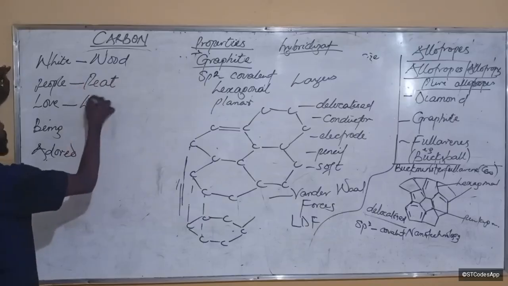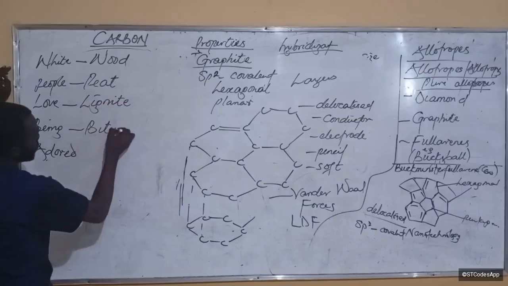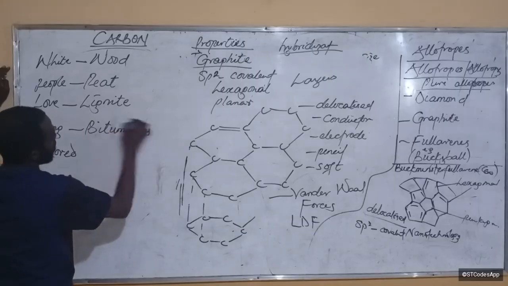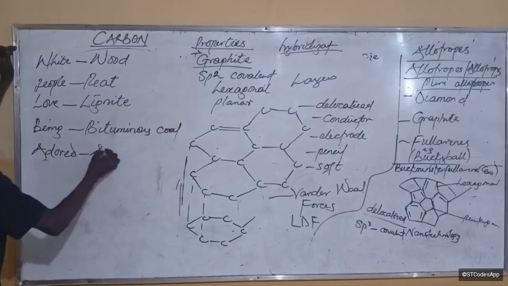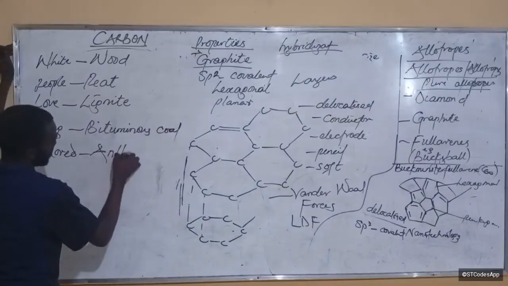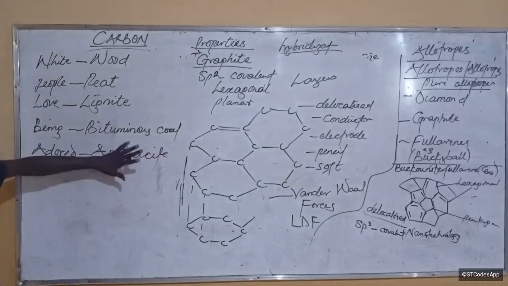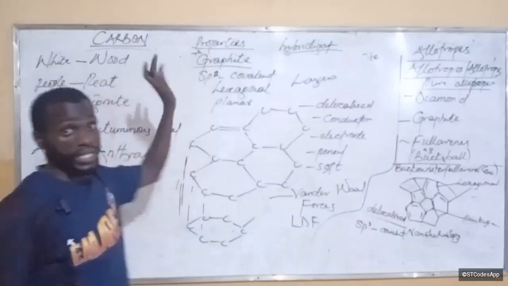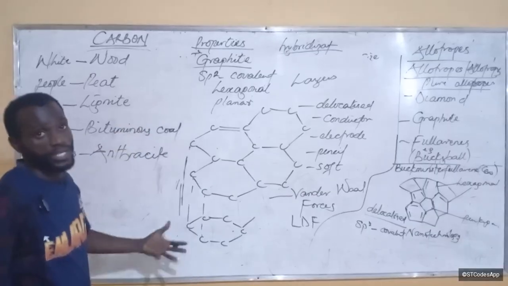L stands for lignite. Being stands for bituminous coal. Then adored stands for anthracite. Now you see, this order is very important because in your textbooks it might not be listed this way, okay? But this order is very important because that's how I like to explain it, okay?